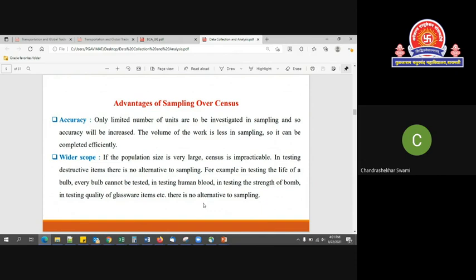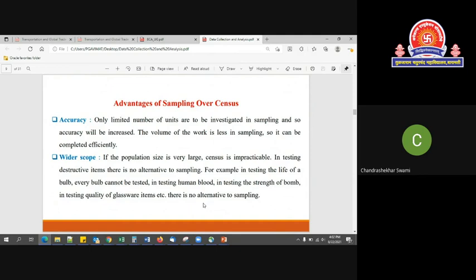It has a wider scope. Sampling has what? Wider scope. If the population size is very large, census is impracticable. Or in testing destructive items, there is no alternative to sampling. Suppose you are studying the effect of atom bombs.